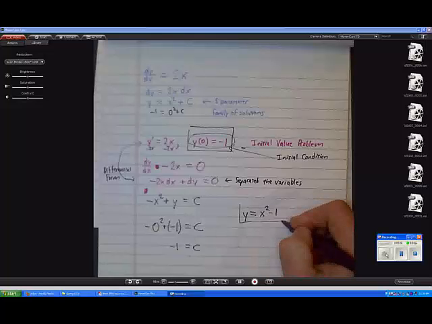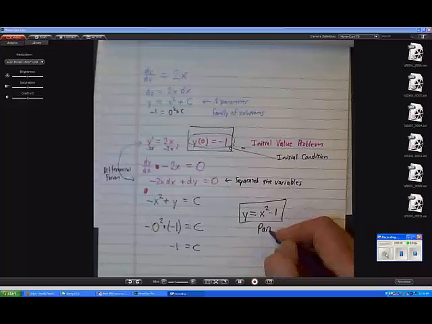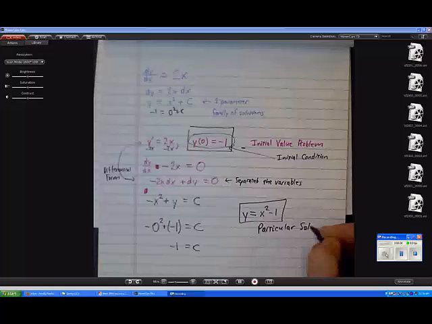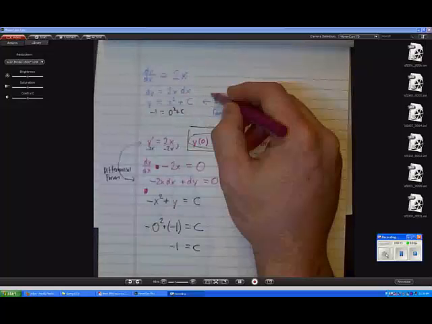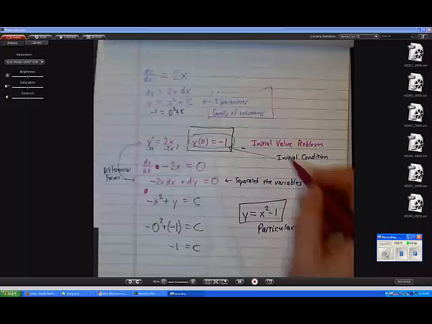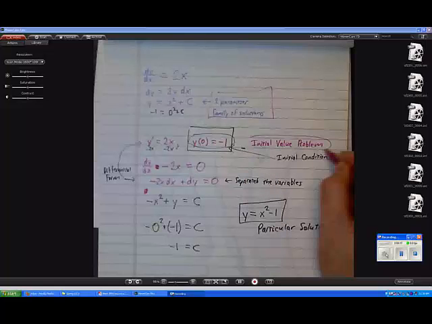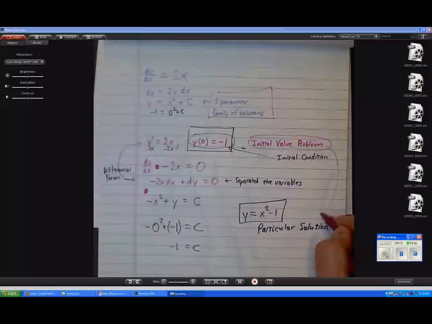This would be the particular solution that I get for this initial condition. And so if you just see a differential equation, you're going to get a family of solutions. But if you see an initial value problem, we're looking to get a particular solution, one integral curve. Does this make sense? Cool.